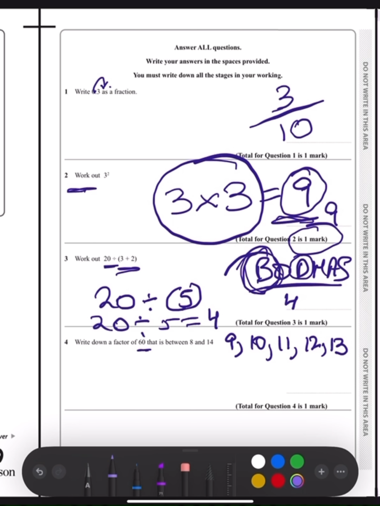So when we need to write a factor of 60, we can start with 1 multiplied by 60. Then we can write 2 multiplied by 30, 3 multiplied by 20, 4 multiplied by 15.